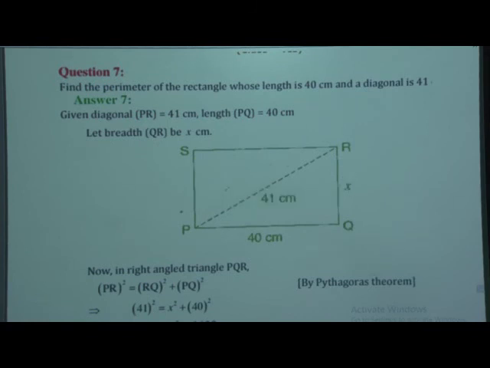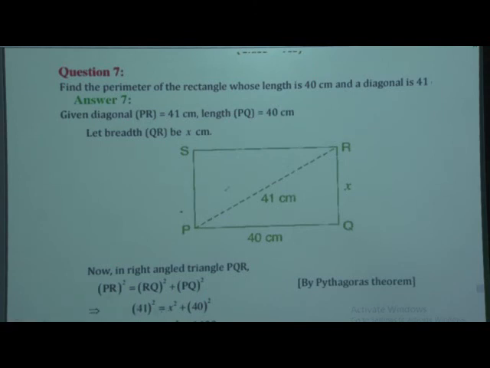So we have to find out the breadth as x. Now in the right angle triangle PQR, which is right angled at angle Q, that is 90 degree, by using the Pythagoras theorem, hypotenuse square is equal to side square plus side square. What is hypotenuse?